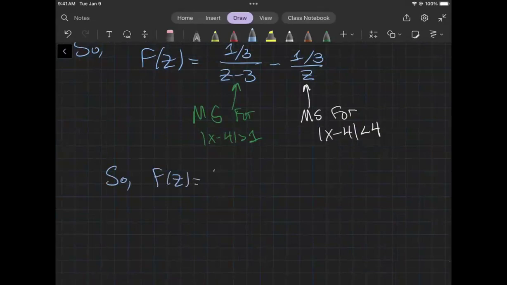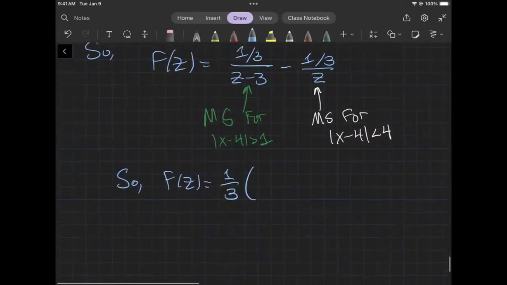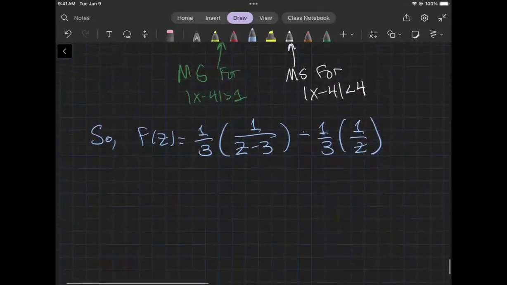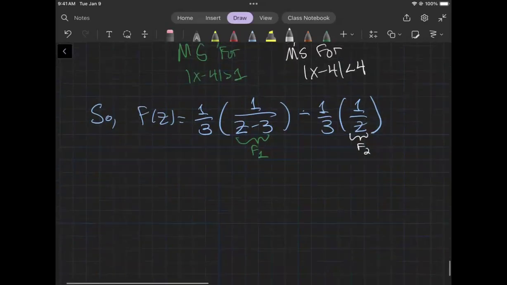Okay, so let's write out f of z equals 1/3 times 1 over z minus 3, and minus 1/3 times 1 over z. I'm going to label these quantities: I'll label this as F1, and this one as F2.